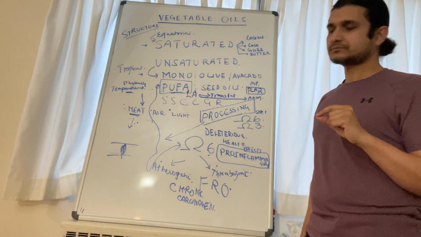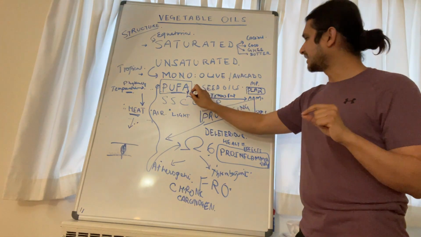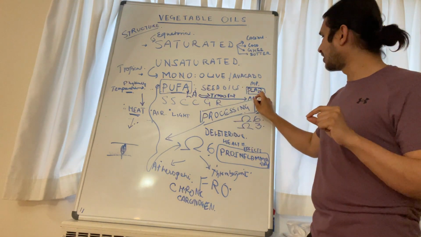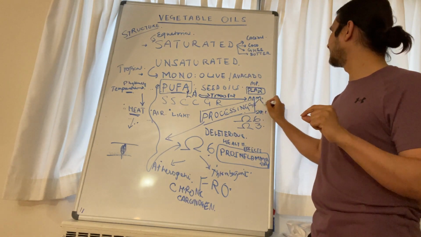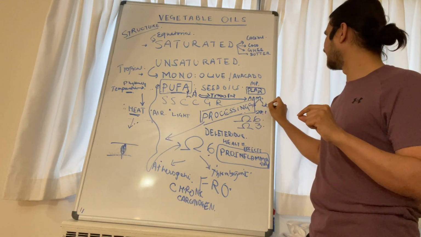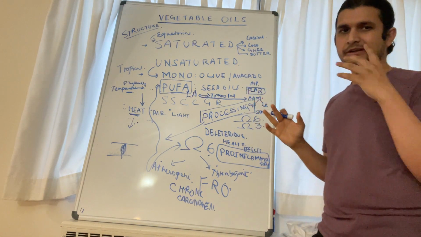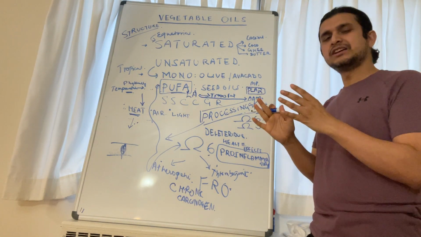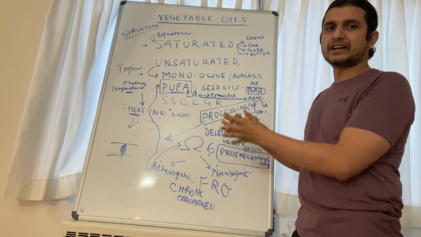So this is all the inflammatory pathway. PUFA is linoleic acid, which forms arachidonic acid in the body and leads to formation of cytokines and leukotrienes. Cytokines and leukotrienes are involved in all the inflammation in the body. So you see how every disease is leading to inflammation, and vegetable oils are leading to chronic inflammation.